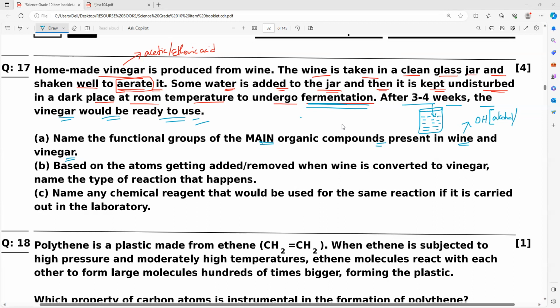Check your classwork, whether you have written it or not. All of you have to verify. Hydroxyl group. OH, hydroxyl.